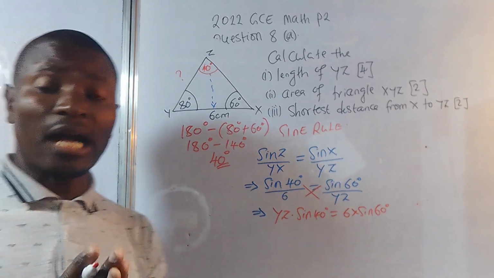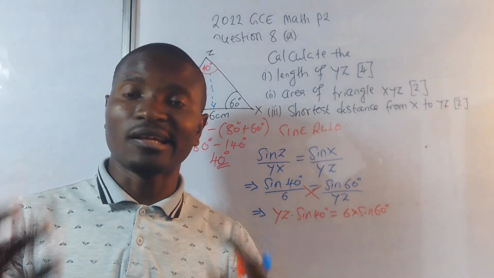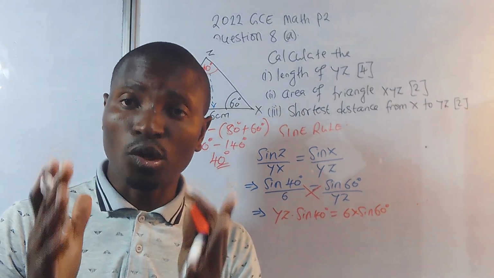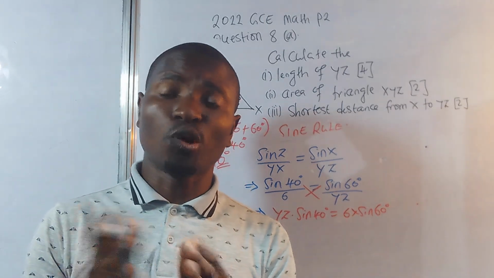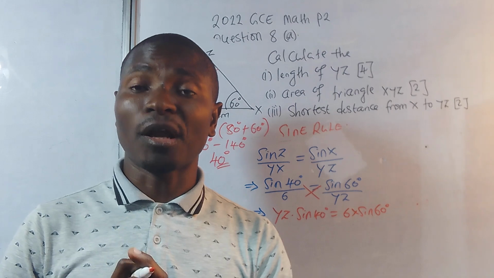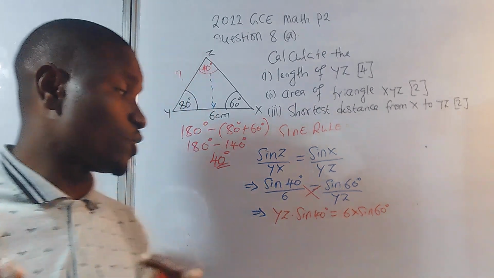Now you should ensure that the calculator is in normal mode, because it becomes very difficult for you if your calculator is not in normal mode. So make sure that you do that.